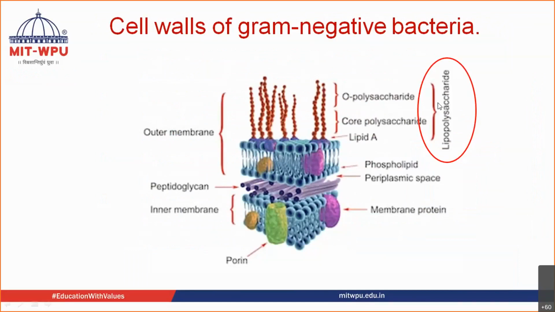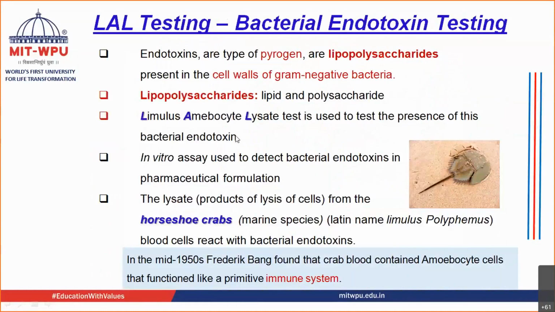Together, they are known as lipopolysaccharides. These are the endotoxins, and these endotoxins are responsible for causing the rise in temperature. So this is about the endotoxin.